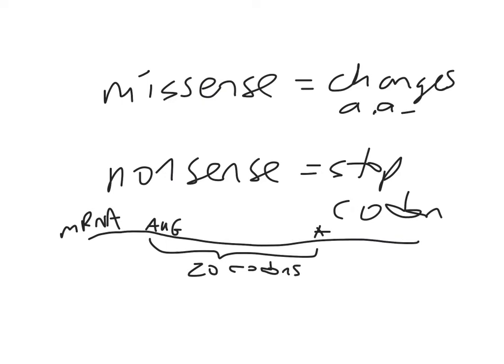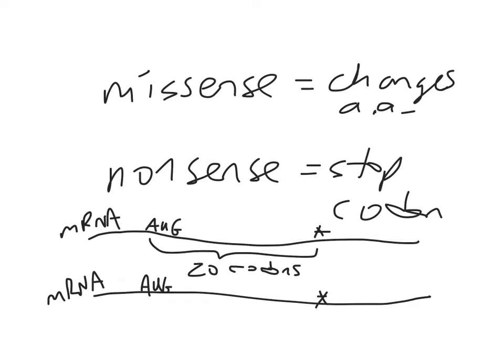What happens if there's a nonsense mutation halfway through the coding DNA sequence? So let's take the same messenger RNA molecule. It's got the same start codon, and it still has its original stop codon, but now it has a new one. That's the nonsense mutation.